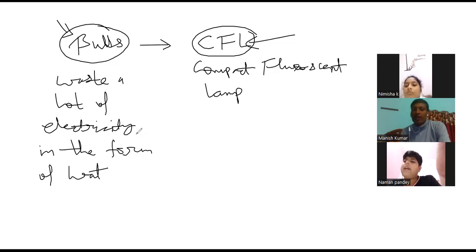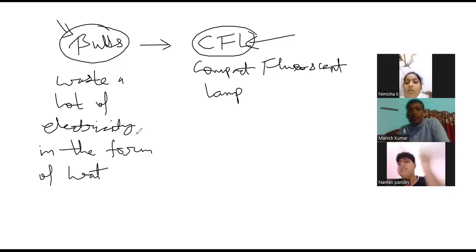Sir, I have a doubt. If an appliance needs 5 ampere or 5.5 ampere of current, why can't we use a fuse of more power, sir? Like copper wire gives us very low resistance, sir.